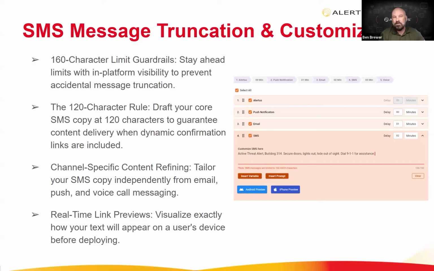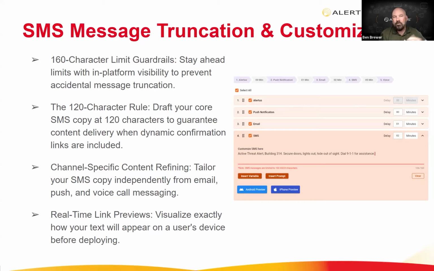The first one is really specific to SMS messaging. Sarah touched upon this as she was going through her slides and demonstrating the qualify and quit and the custom call flow perspective. One of the strengths of AlertAware is that any of our customers have the ability to customize the alert content specific to each of the 4 core modalities currently present within the system.